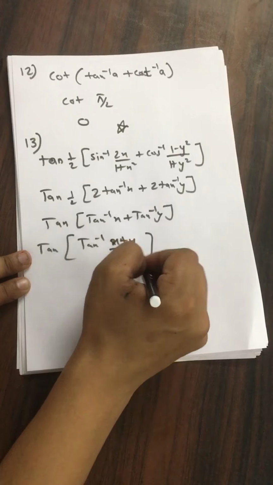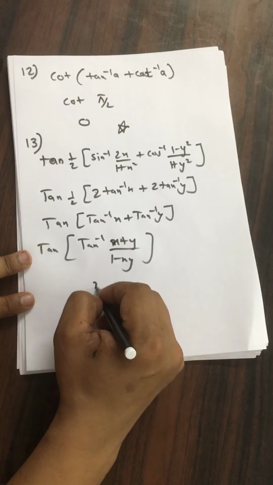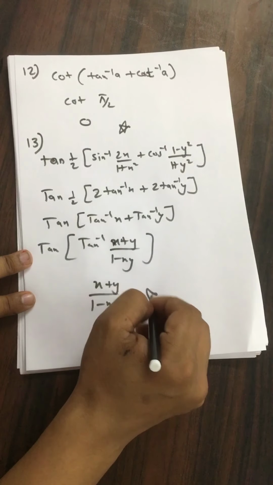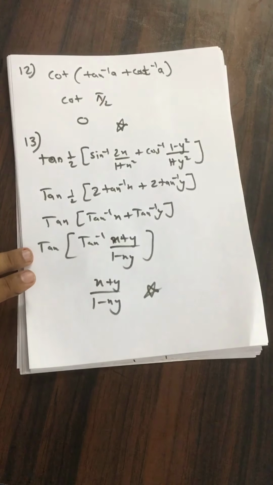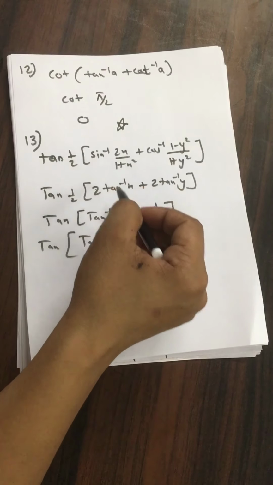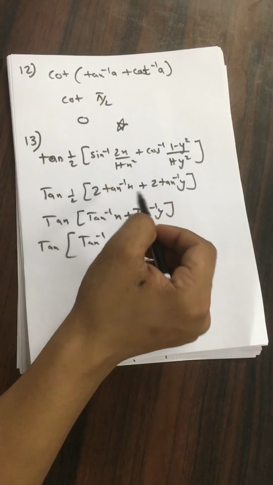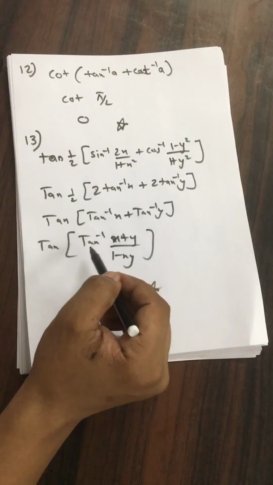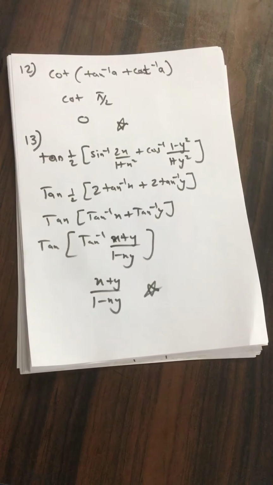Outside is tan. Tan cancels. So this becomes what? X plus y upon 1 minus xy. That's it. Got it? Very simple. So over here we have just used a formula. Tan inverse A plus tan inverse B is tan inverse A plus B upon 1 minus AB.